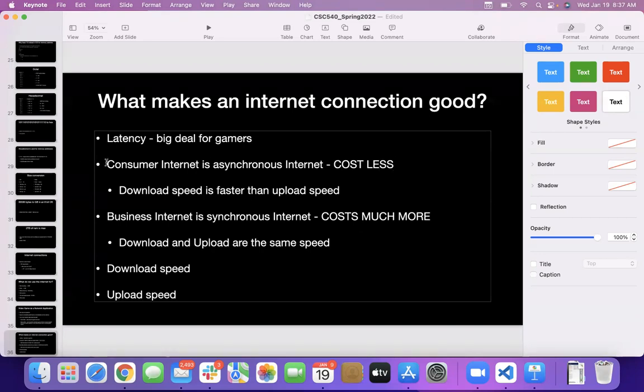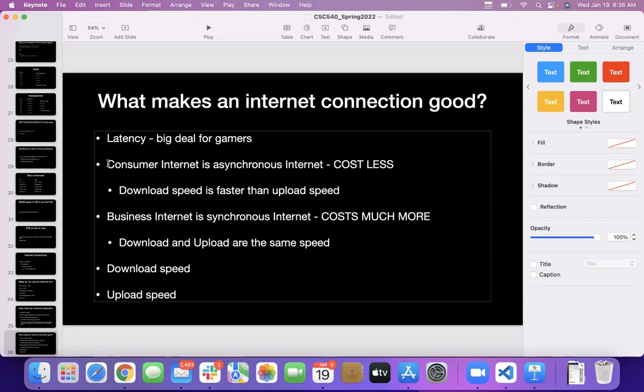All right, so all of us, presumably, I mean, I guess one of you might have a different situation, but a majority of us at the very least have consumer-based internet.